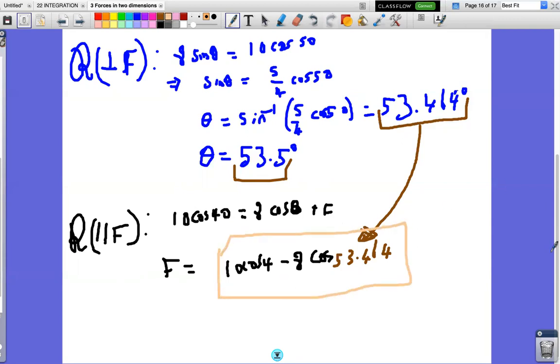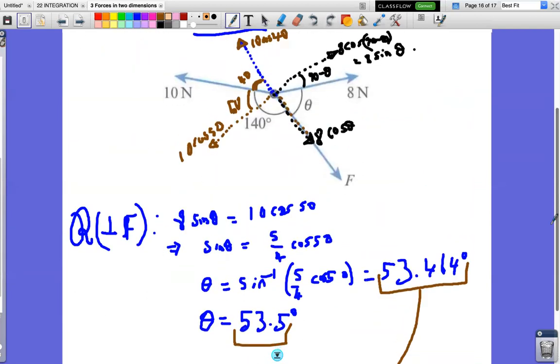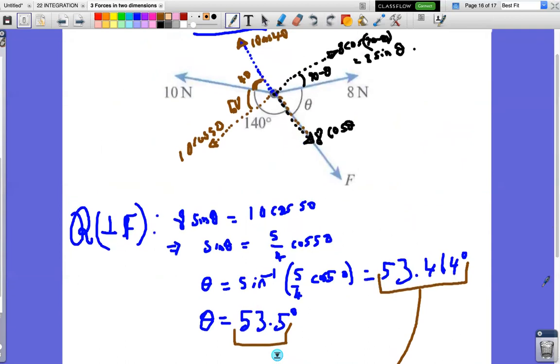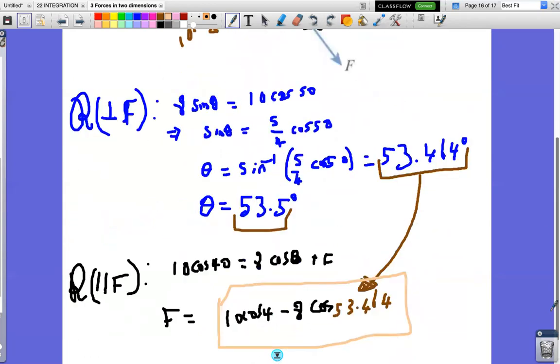Anyway, what we are saying is that if you have a problem to solve like this one, you can choose to resolve parallel and perpendicular to one of the forces, and it's going to eliminate the effect of that force in the perpendicular direction. And so you will reduce the effort you should use on this problem, all right?